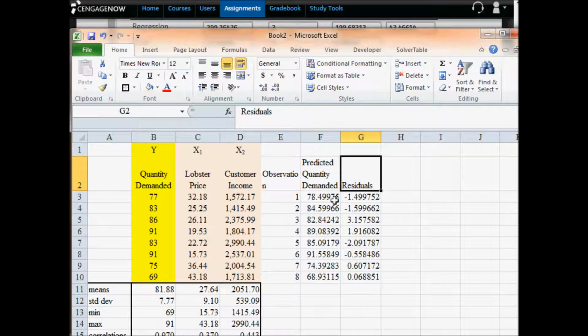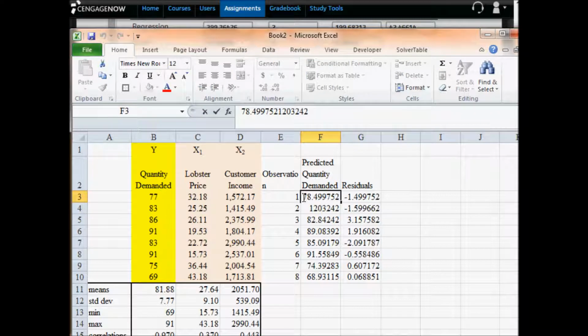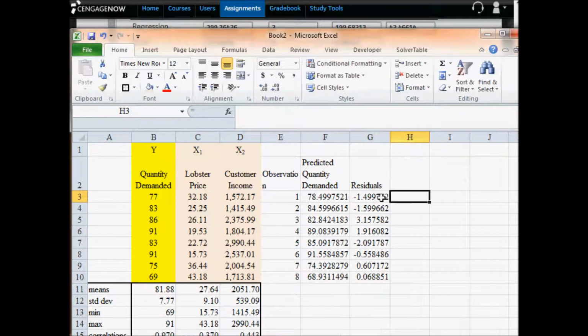Actually, what I'm going to do is take the observed quantity demanded and subtract off the predicted quantity demanded. And the difference is the residual. You guys see that?